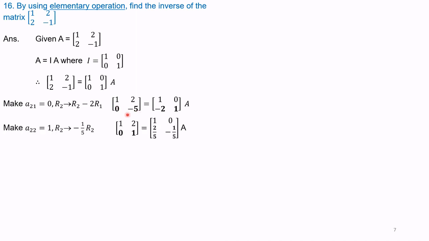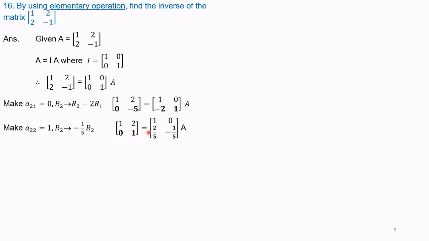Therefore, in row 2, A22 should be 1. Therefore, minus 5 should become 1. Therefore, R2 becomes R2 into minus 1 by 5. 0 into minus 1 by 5 is 0. Minus 5 into minus 1 by 5 is plus 1. So, A22 has become 1.